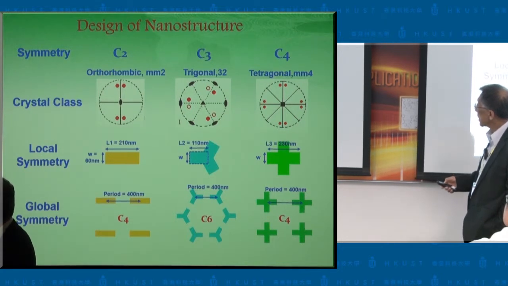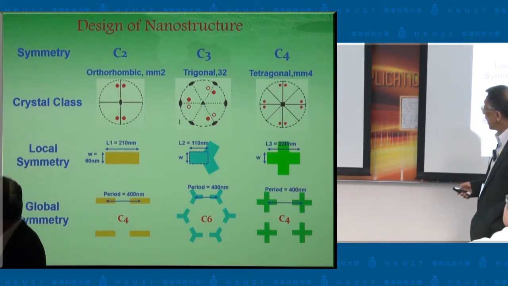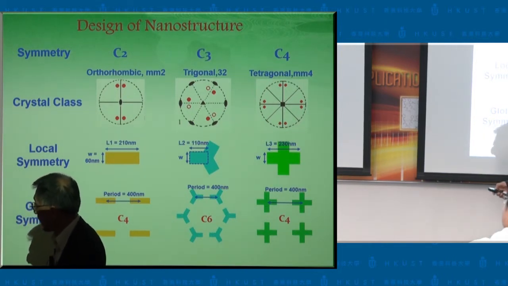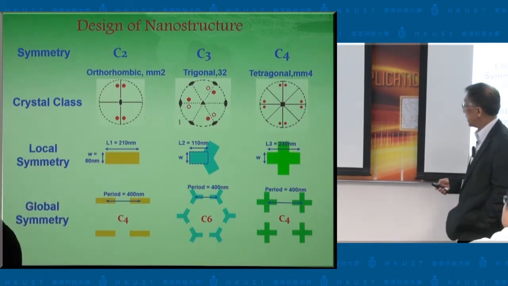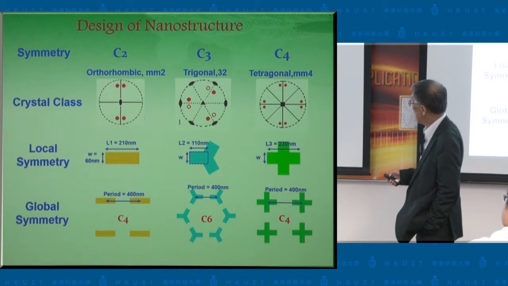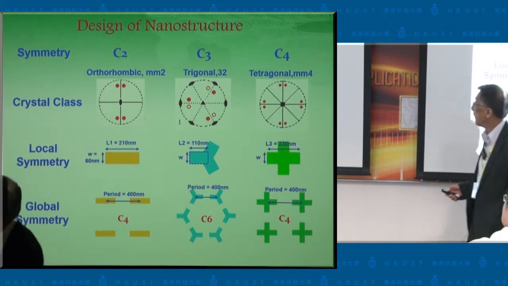The width is again 60 nanometers, and each of the arms here is 110, and we arrange it into a pattern here, so from C3 it becomes C6, and again the center-to-center distance between the individual patterns is 400 nanometers.